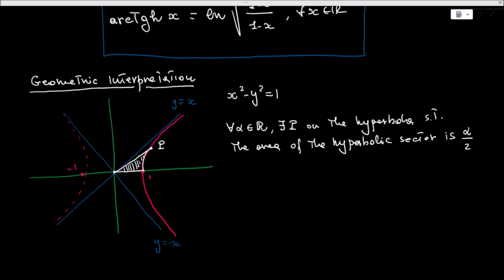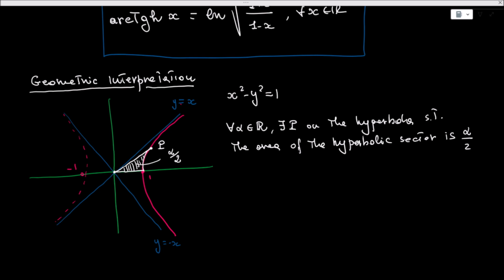So you give me any real number alpha and I will find you a point P on this branch of the hyperbola such that this sector highlighted here in white has area exactly equal to alpha divided by 2.